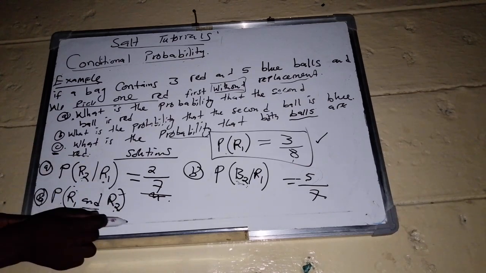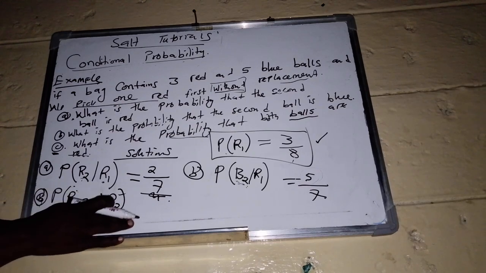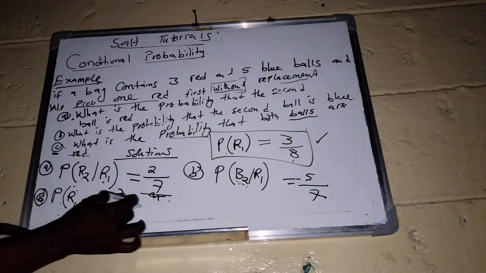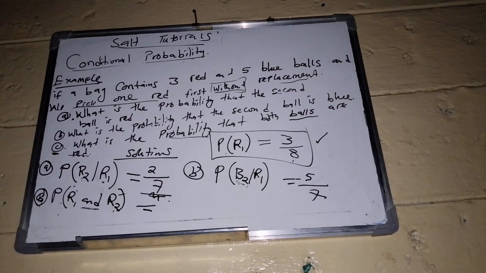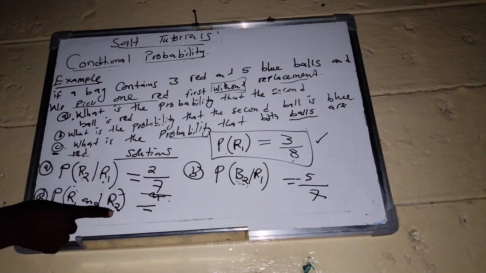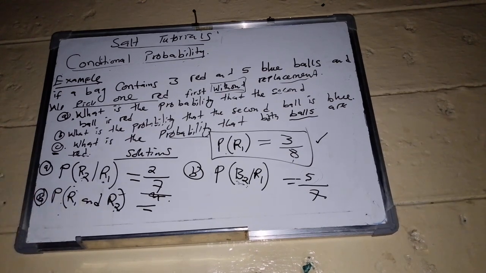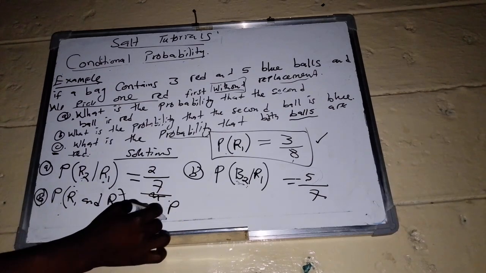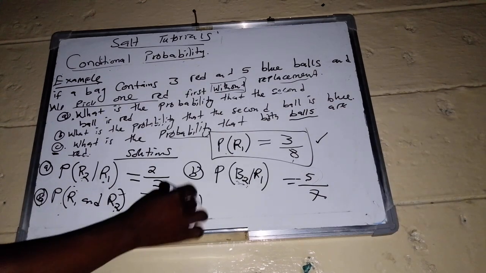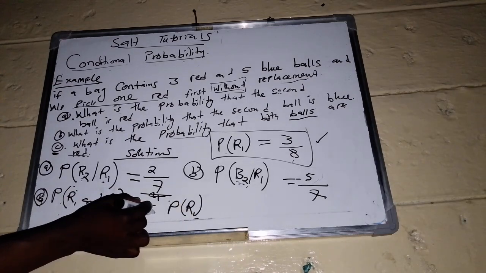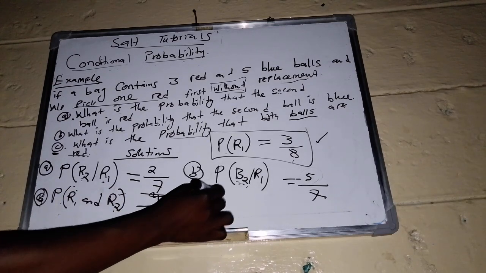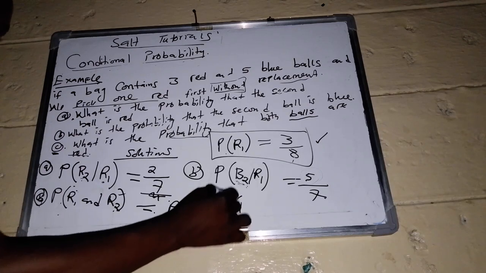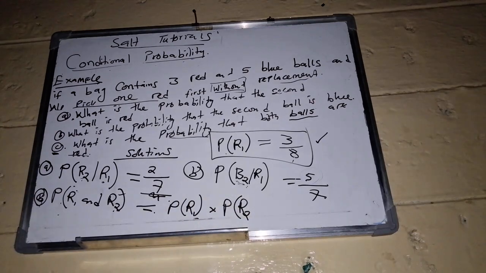So this kind of event uses the rule called the multiplication principle, where we multiply the first probability by the other probability. So the probability of red, which is the first ball, picked in the first place, multiplied by the probability that in the second place we picked a red ball as well.